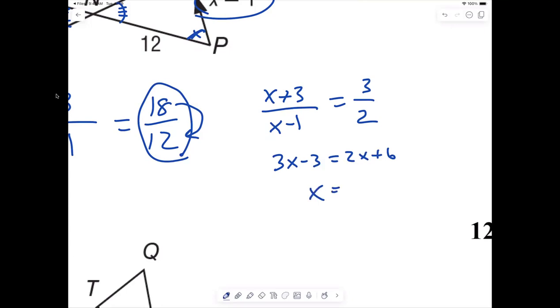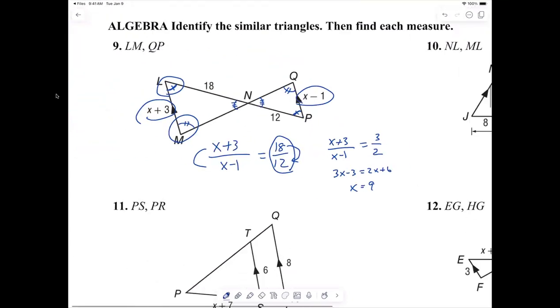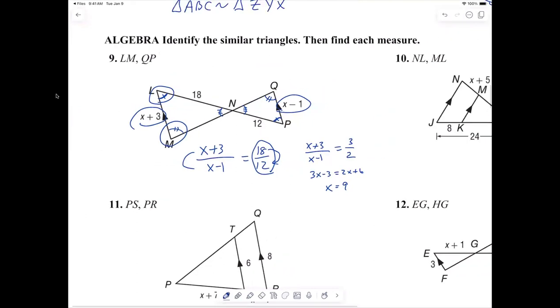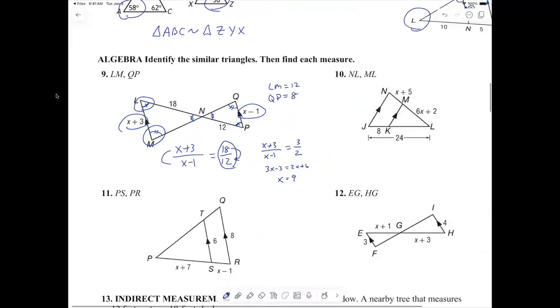So x must have been what? 9. All right. Checks out. And then LM would be what? 12. Don't forget to answer the question. LM is what? And then QP is what? 8. Anybody have any questions with that?